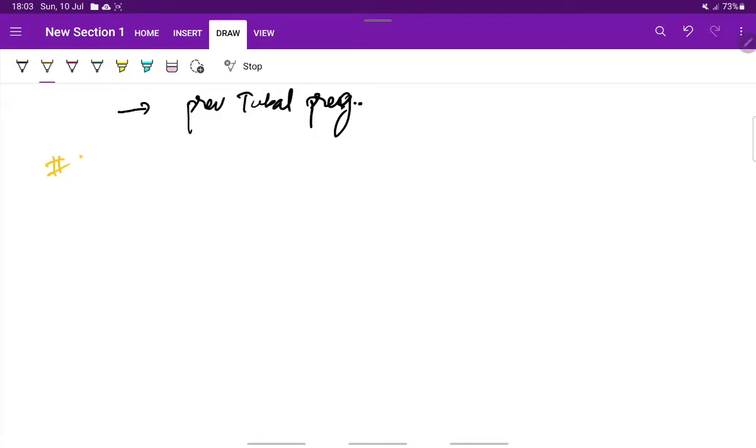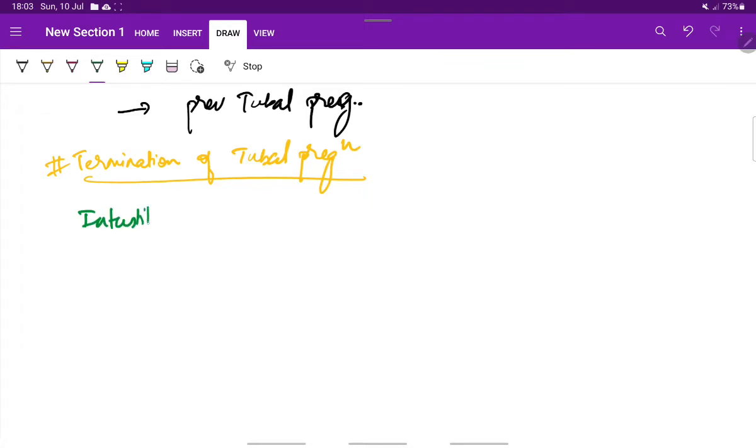Now, coming to the termination of tubal pregnancy. The interstitial pregnancy. The method of termination would be either abortion or rupture.